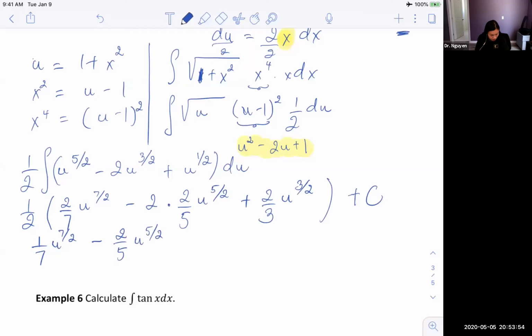And then I distribute one more time, I'm gonna get 1/3 u to the 3/2 plus c.